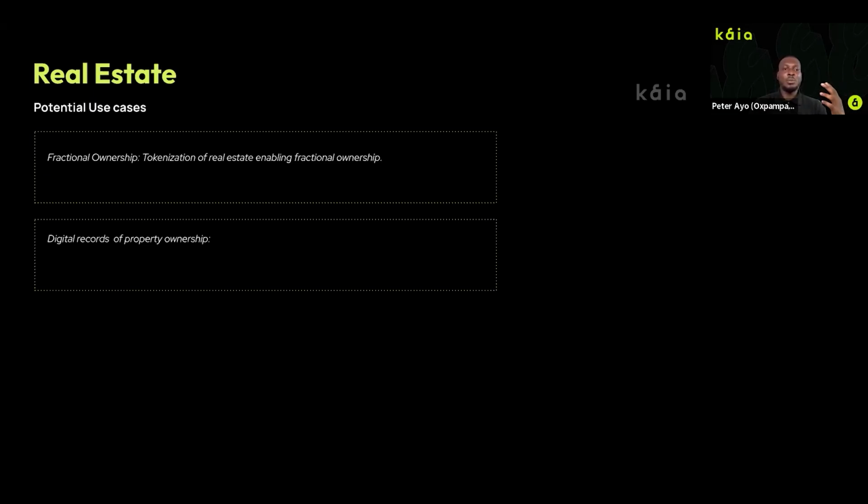Imagine providing access to a new form of investment class where 50 persons can come together to own a particular real estate, and whatever returns are generated from the real estate, whether from renting out, will also be shared amongst these fractional owners. So this is how blockchain can also disrupt the real estate industry.